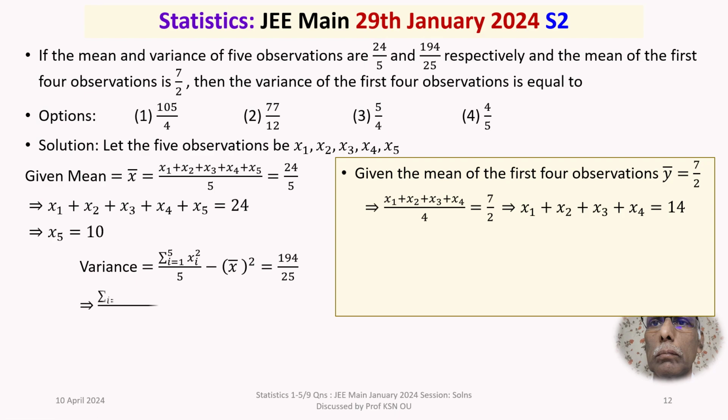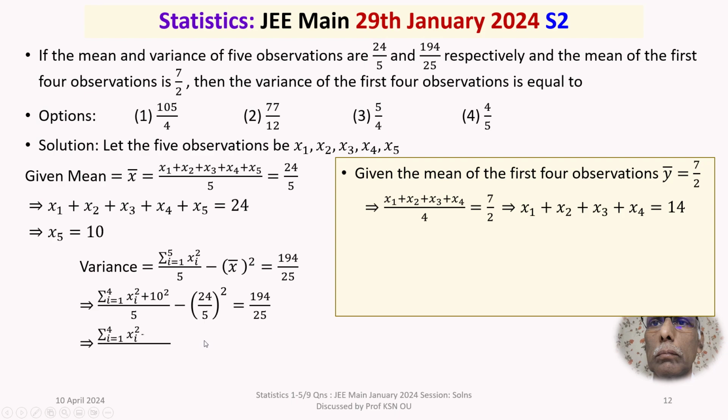So this is sigma i is equal to 1 to 4 xi square plus x5 square, that is 10 square, by 5 minus x bar square. x bar is 24 by 5, that is equal to 194 by 25.